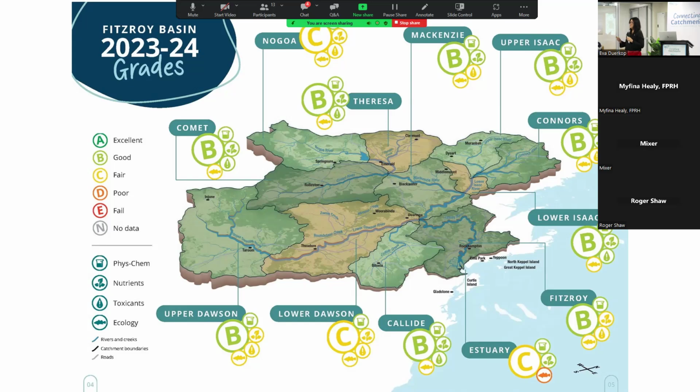The reproductive patterns, their distribution patterns are very much affected by flow. So when there's not much rainfall and we didn't have much in the last year's sampling, then barramundi gets affected, and so do microinvertebrates. So it's usually the ecology that will eventually reflect the whole of the system. That's why we got so excited last year when, as a partnership, we decided to incorporate ecology into the report card.